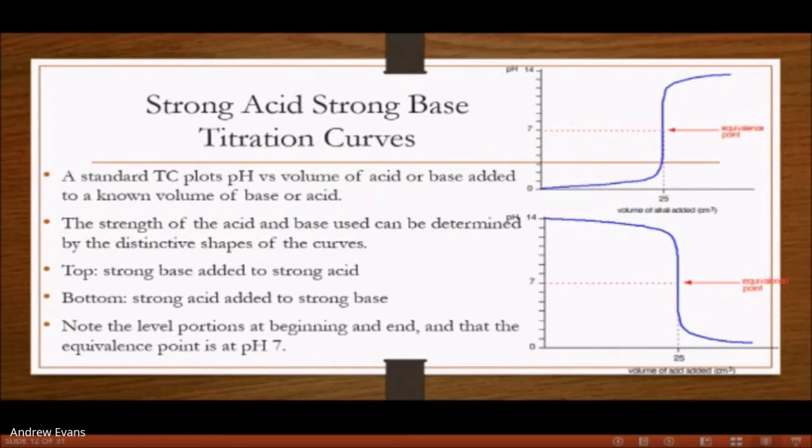And the equivalence point, which is halfway between this region and this region, is right at pH 7. That's one of the things about a strong acid, strong base scenario. When the acid and base are completely neutralized, we get a neutral pH, pH 7. Then it slowly climbs up to 14 after it has that really sharp increase.